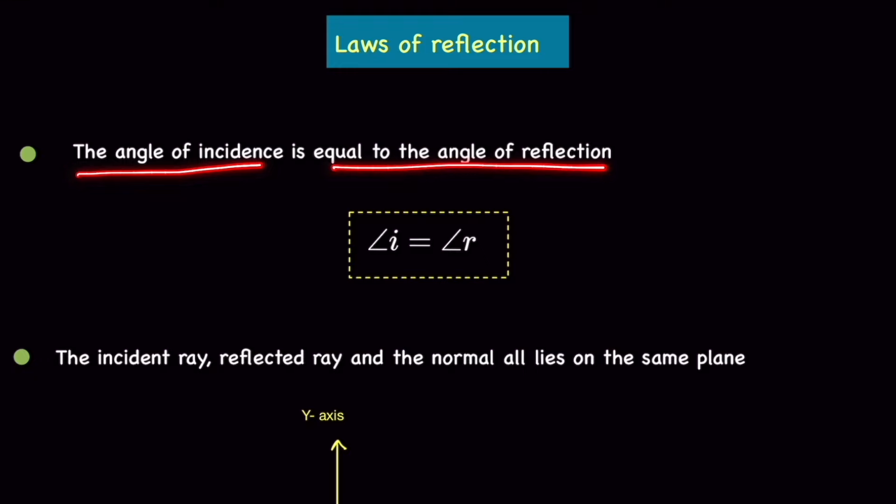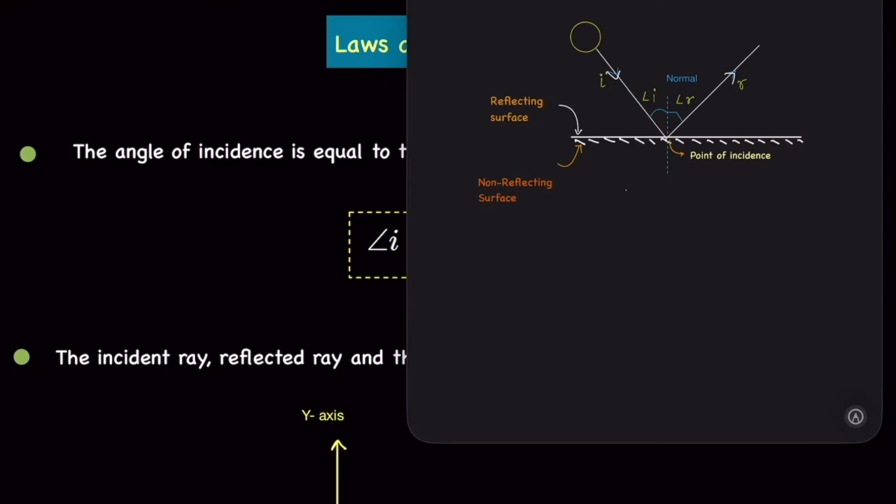We know that the angle of incidence is represented as angle I and the angle of reflection is represented as angle R. In this example, this is our angle I and here is the angle R. According to the law of reflection, angle I must be equal to angle R. Suppose angle I is equal to 30 degrees. Then angle R will also be 30 degrees, both having the same degree. So this is the first law of reflection.